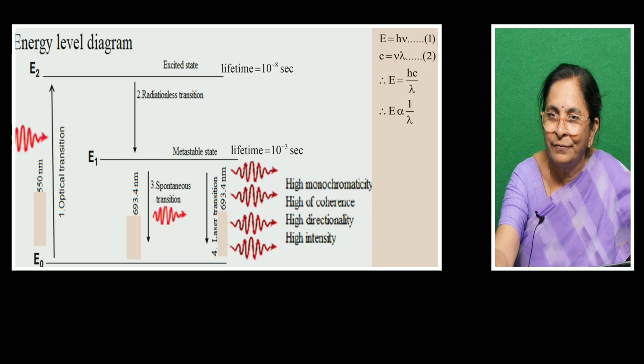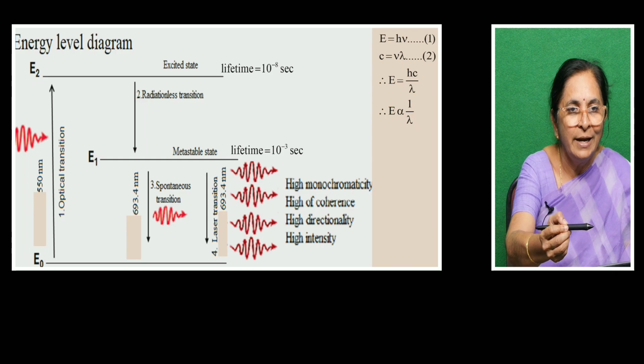Nu is the frequency of the light, lambda is the wavelength of the light wave. So from this formula, nu is equal to c by lambda, substituting that in equation 1, we get E equal to hc by lambda. So from this formula, we can say that E is inversely proportional to the wavelength.